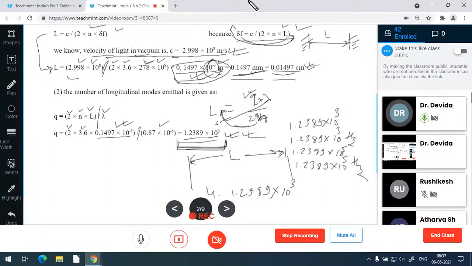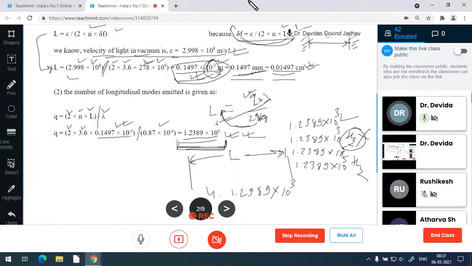Which one is correct? We will choose the first one because the value 1.2389 into 10 raised to 3 is correct, as well as the unit. No unit is also correct. If any unit is there with the value, that answer is wrong.